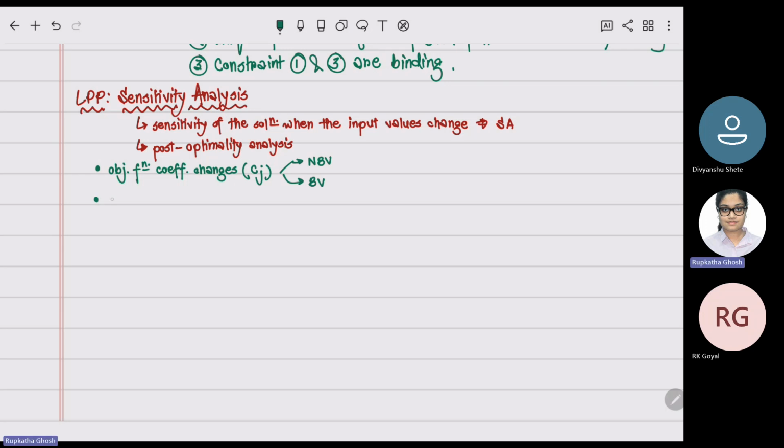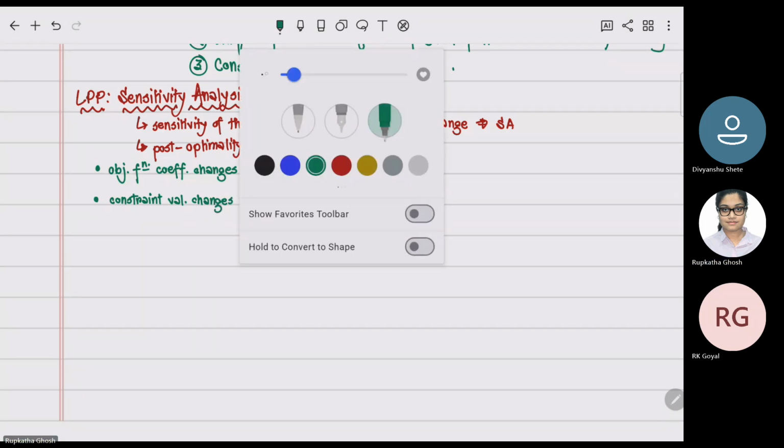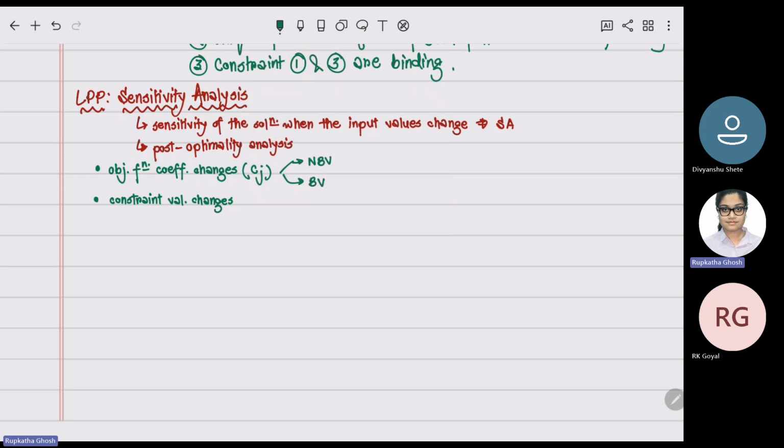when your constraint values change. If your constraint value is changing, that means there is a change in resources.